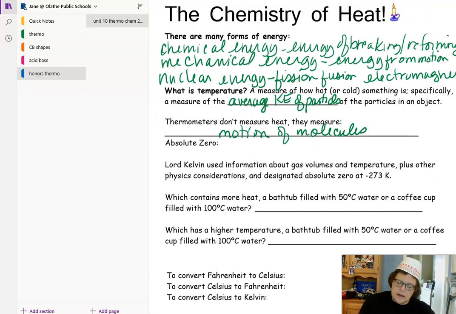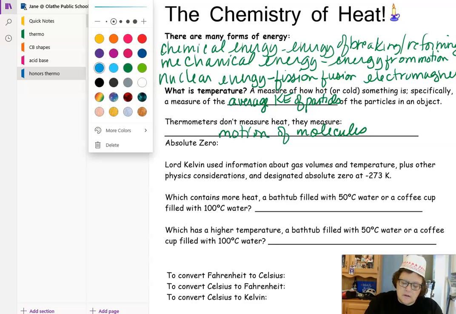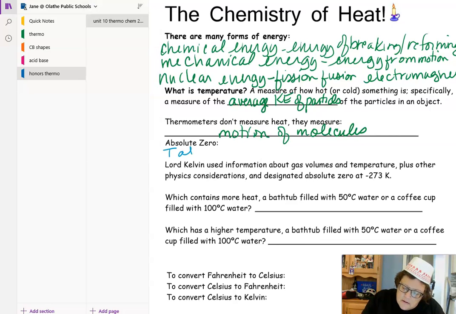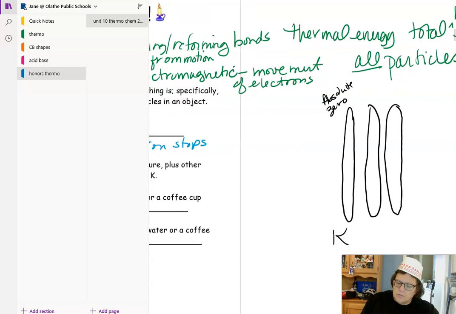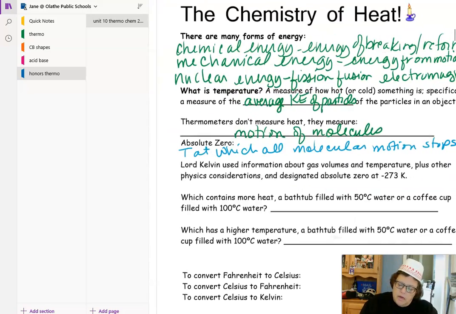The definition, absolute zero, is the temperature at which all molecular motion stops. Okay, so zero is down here. Freezing point of water is 273 Kelvin. Okay?